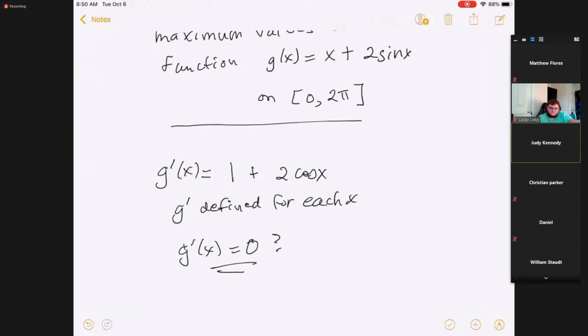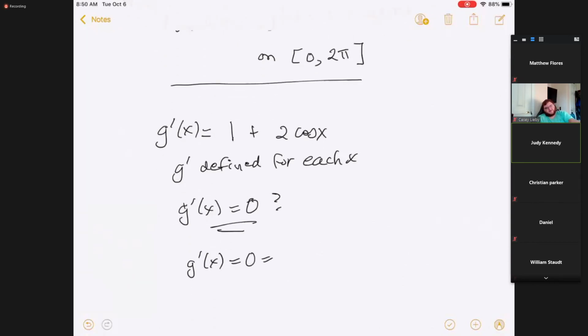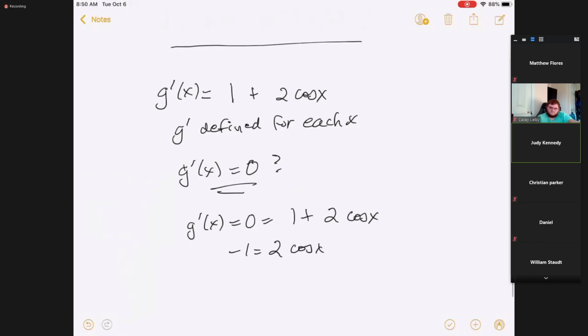Okay, so set it equal to 0. And that says that minus 1 is 2 cosine of x. That minus 1/2 is the cosine of x.